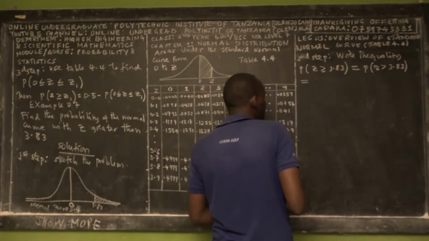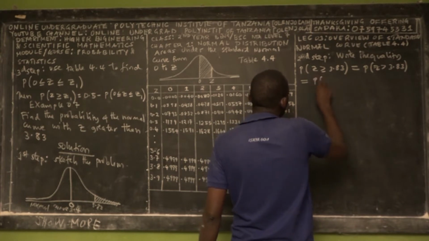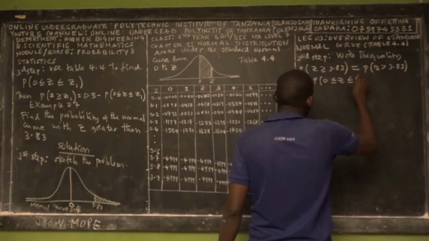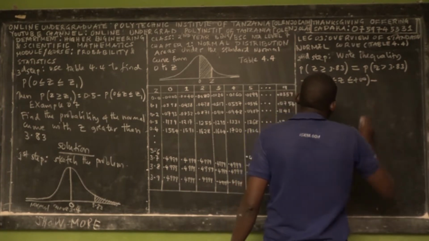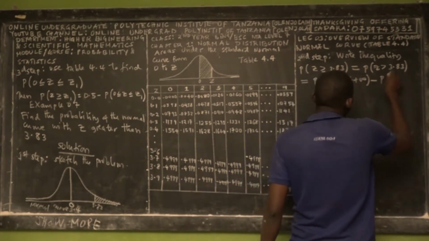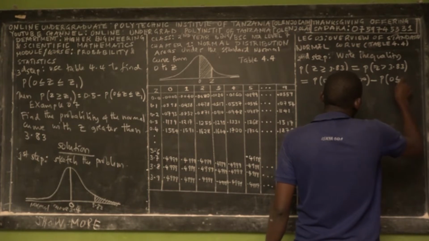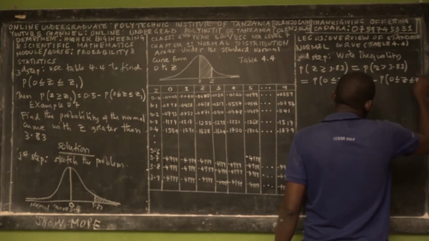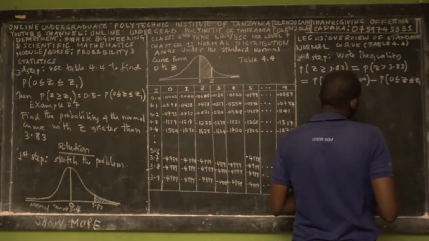In other words, this is equal to probability of 0 less than or equal to z less than or equal to positive infinity minus probability of 0 less than or equal to z less than or equal to 3.83.